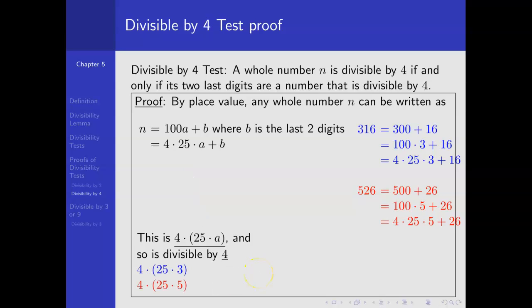And from our examples, we have 4 times 25 times 3 and 4 times 25 times 5. And then we also get our test number, and our test number is b because that's the second part that we have split off in the sum. And in our examples, our test numbers are 16 and 26.